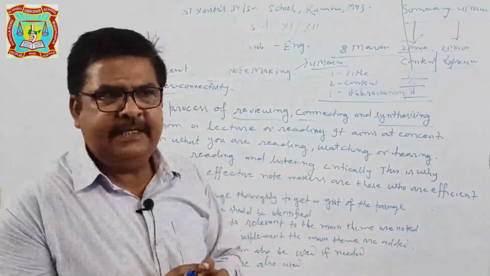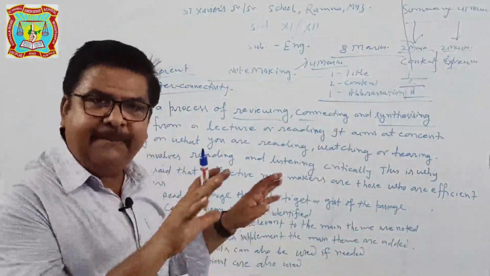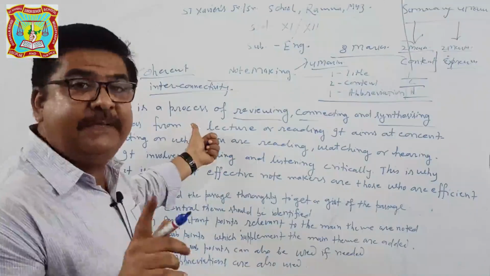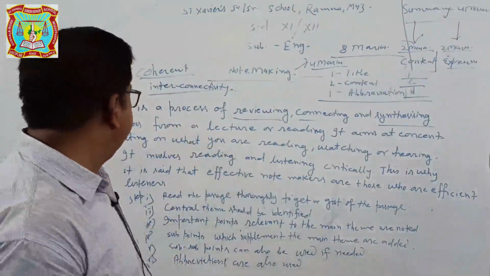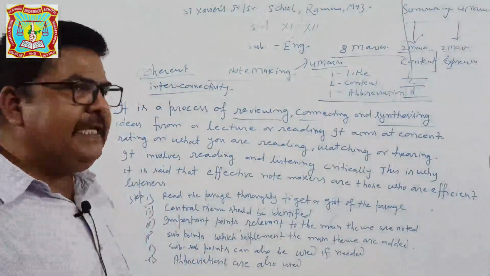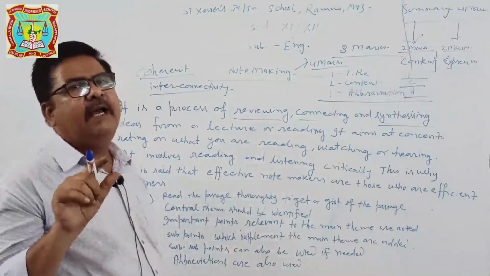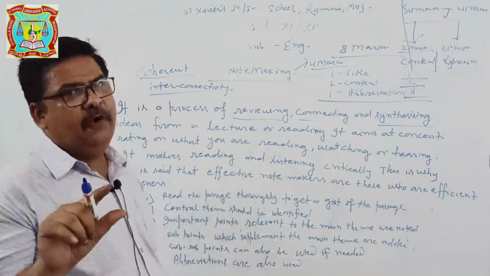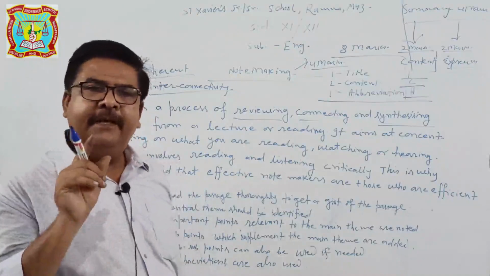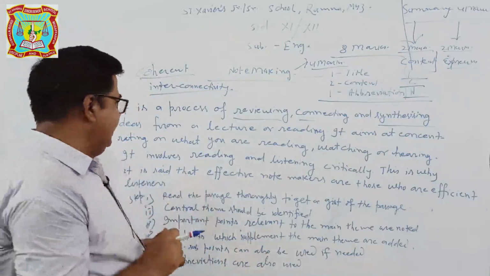Interconnectivity. This is coherence. So the facts, the ideas that you are putting in a specified format, in a definite format, whether they are interlinked or they appear to be like patches, this is called coherence. There must be coherence. So, note making is a process of reviewing, connecting and synthesizing ideas from a lecture, whatever you listen to, or a piece of writing or a given passage whatsoever it is.